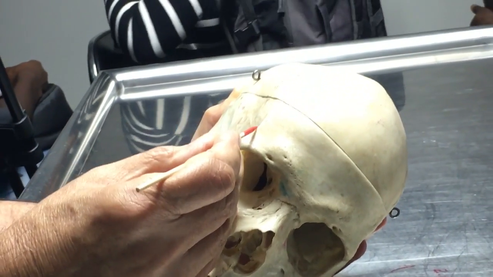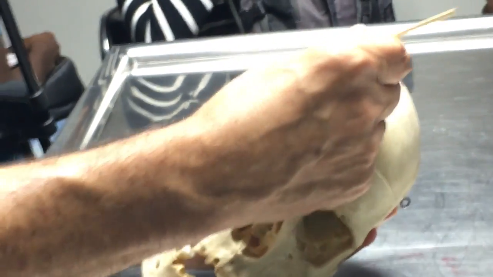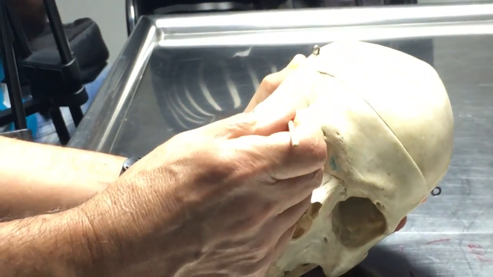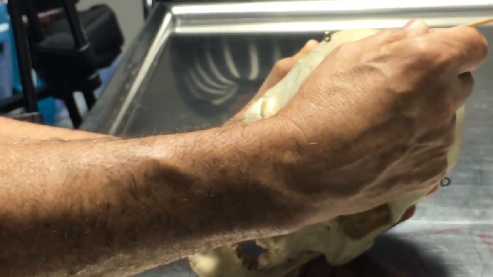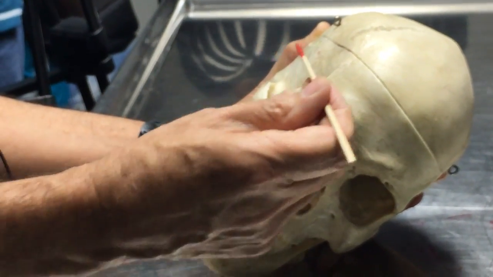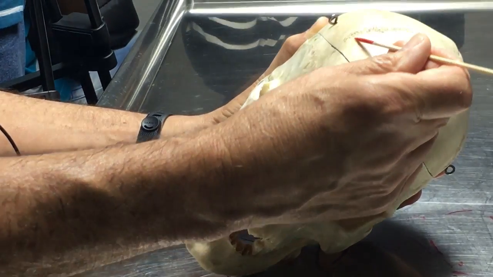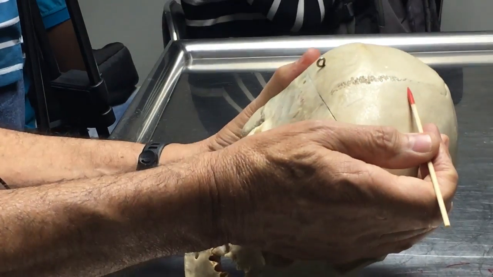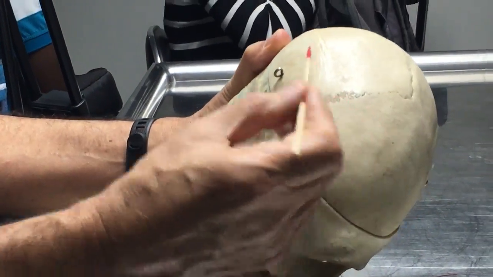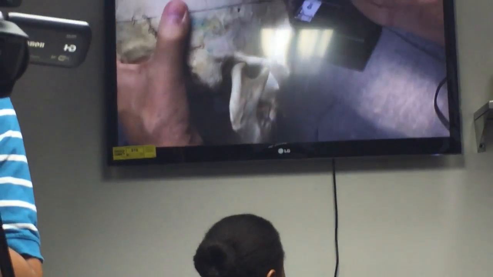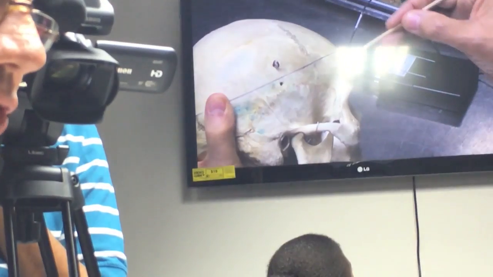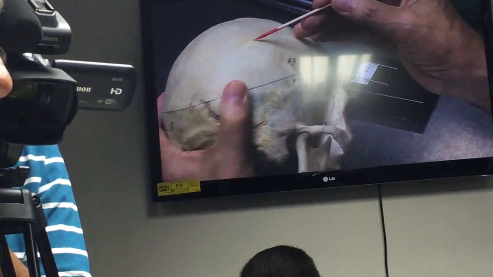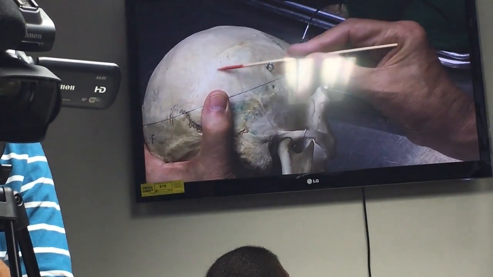If we go from that, then we come to this line, and we follow this up, and there's a line here called the temporal line, which is really two lines. There's a superior temporal line, which is not quite obvious at the beginning. As you get further, we can see it has a superior and an inferior temporal line. Here they sort of merge together, but as you get back, you start to see a superior temporal line and an inferior temporal line.